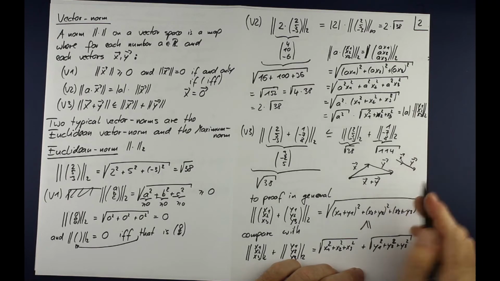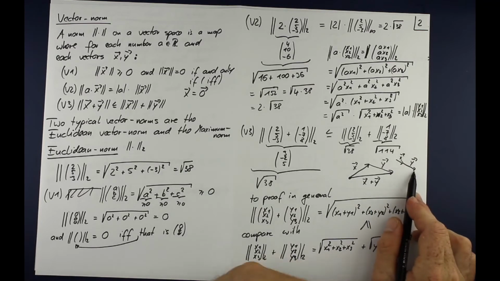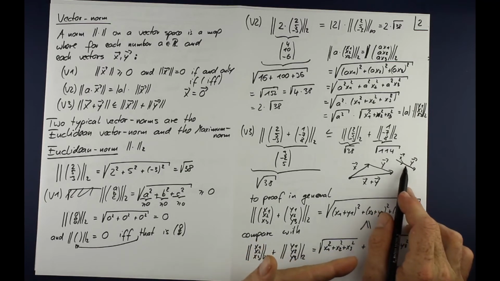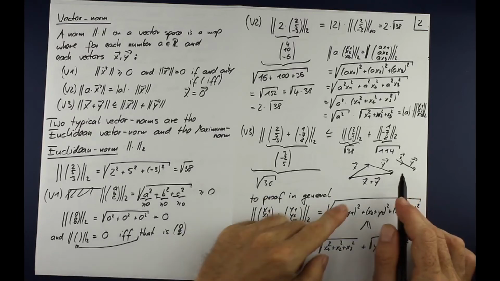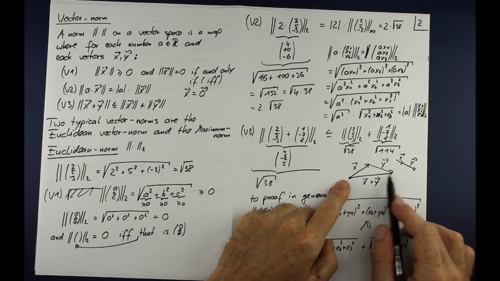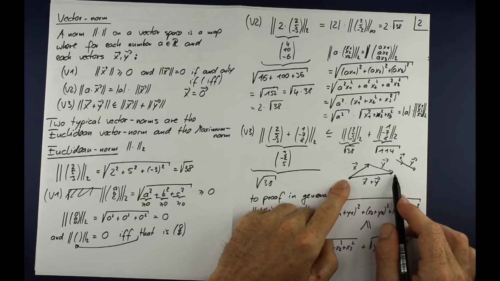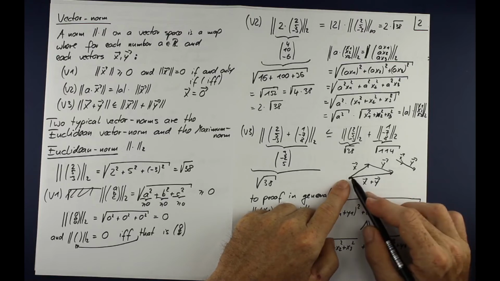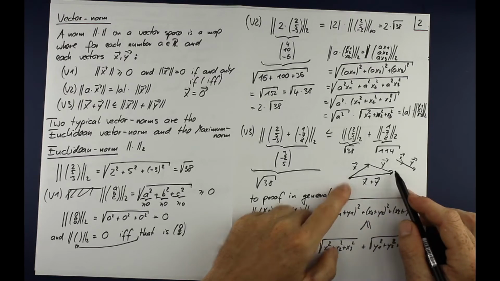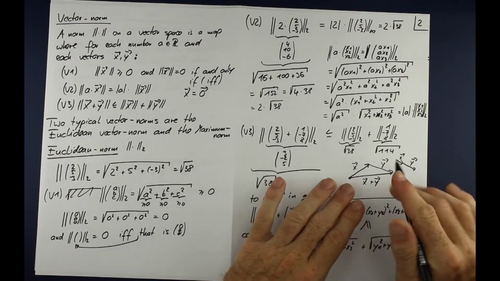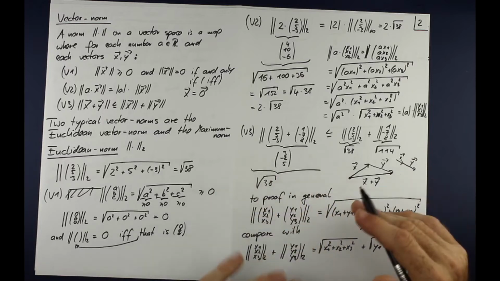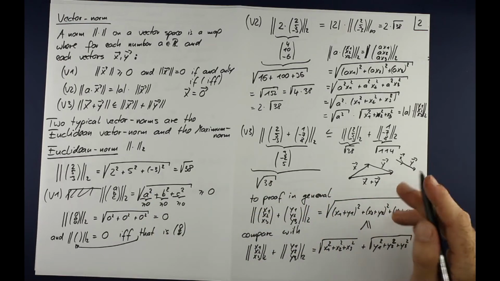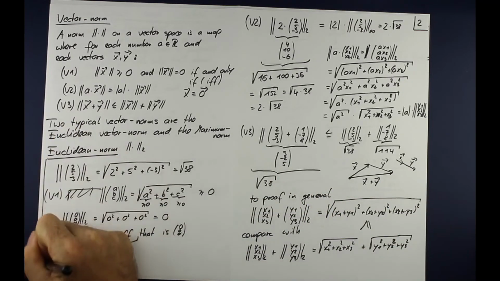Then the length of x plus y is the same as the length of x plus the length of y, but it's impossible that the length of that line is longer than the sum of these two lengths. So it's obvious from that picture, but not so easy to prove. Okay, that's the Euclidean norm.